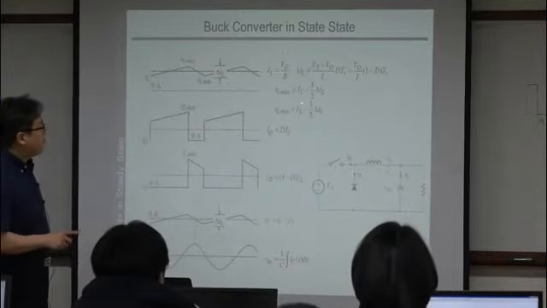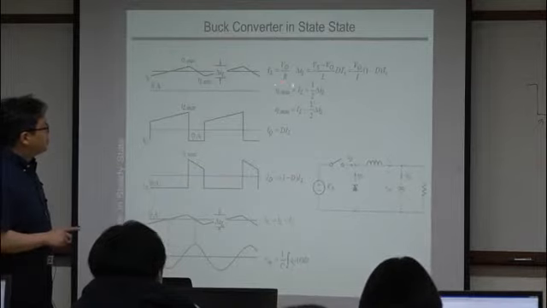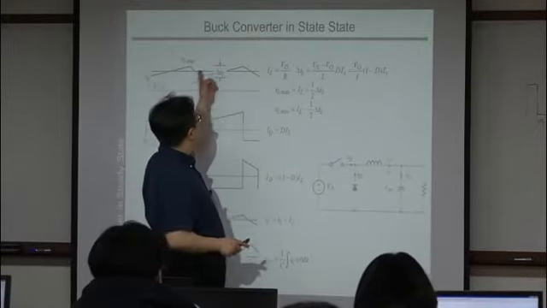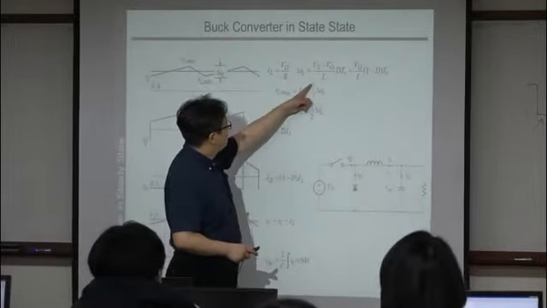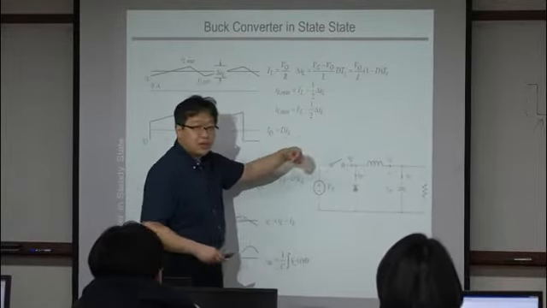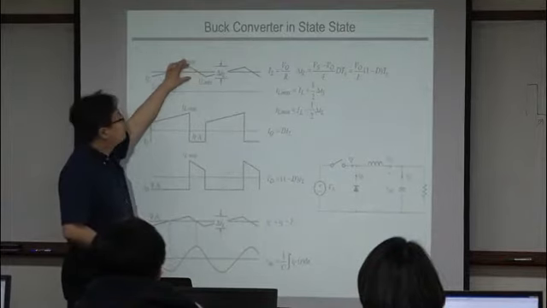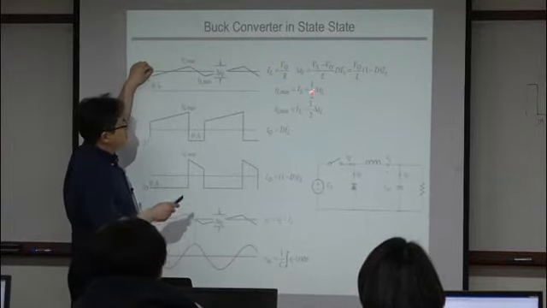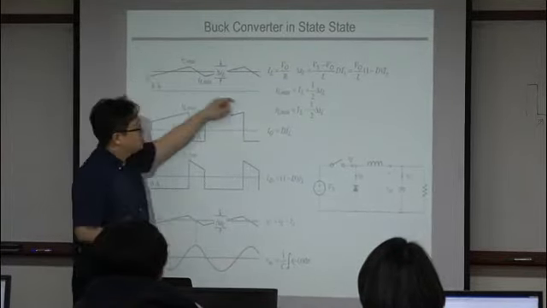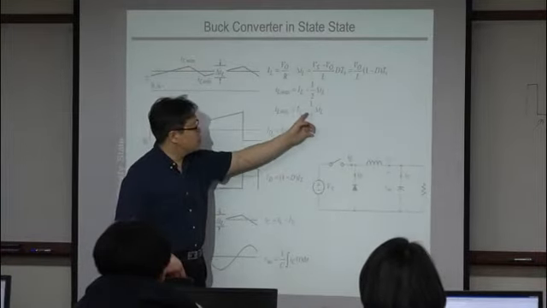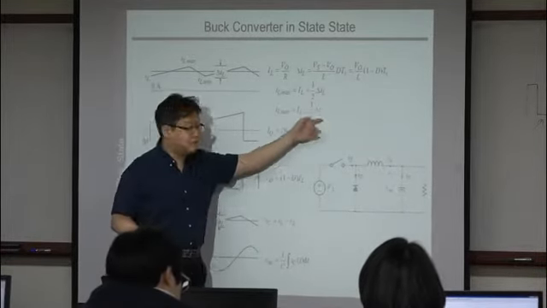Then your maximum inductor current is IL plus 1 over 2 del IL, because of the definition of del IL. Like this, so the maximum is like this, and your minimum is written as IL minus 1 over 2 del IL.